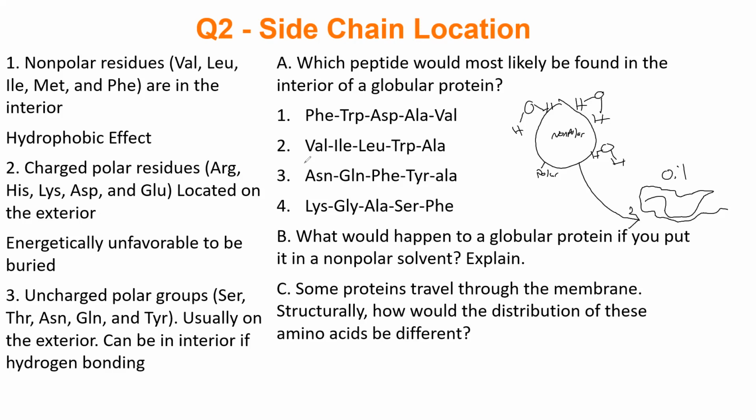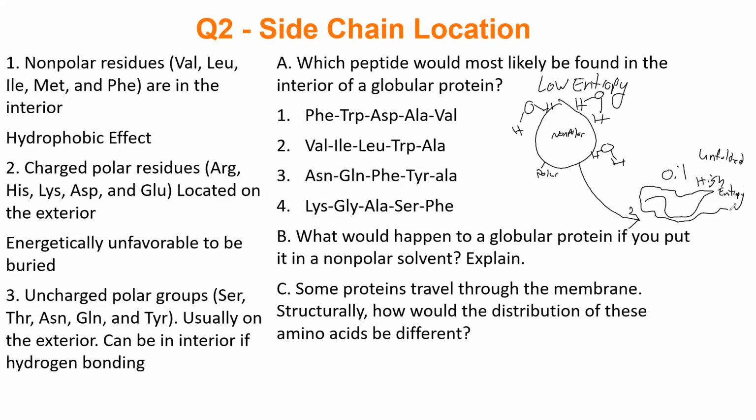In fact, it's very unfavorable if you talk about entropy. The folded conformation has very low entropy. This unfolded or denatured protein has very high entropy, which is good. The universe loves chaos. The universe loves high entropy.